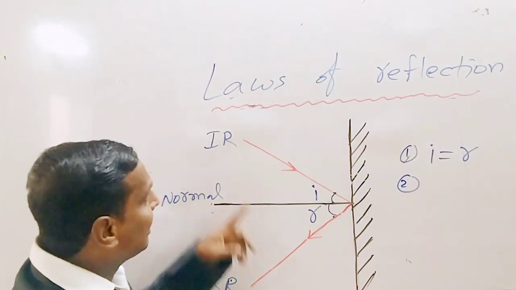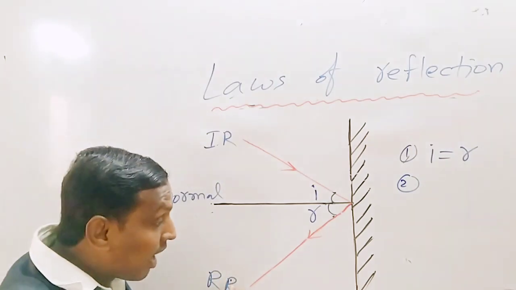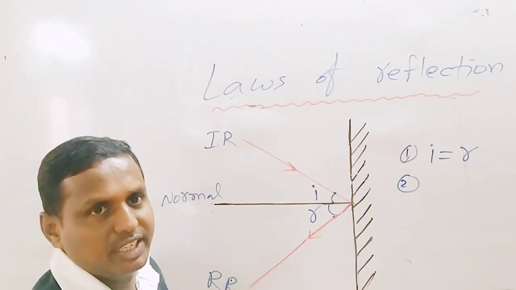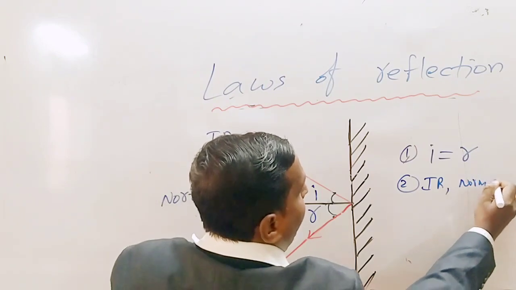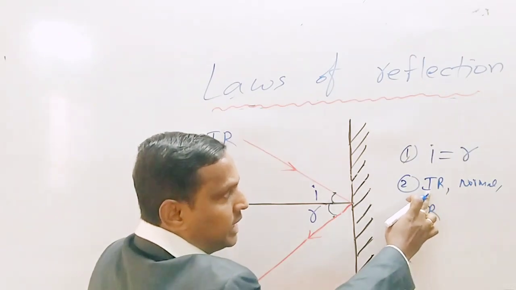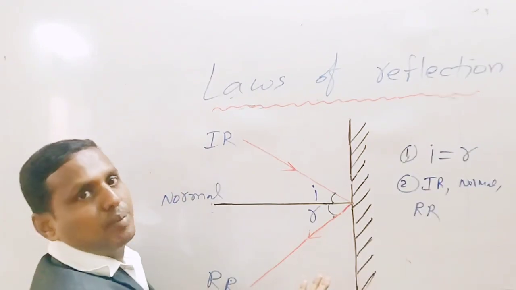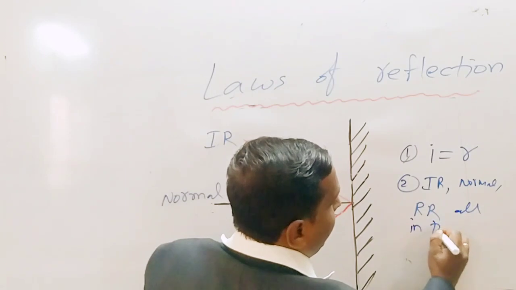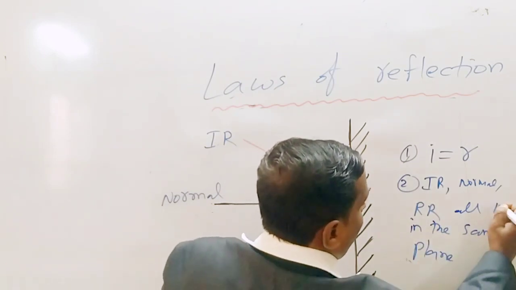Second law, what is the second law? Incident ray, normal, reflected ray, all lie in the same plane. Once again, incident ray, normal, reflected ray all lie in the same plane.